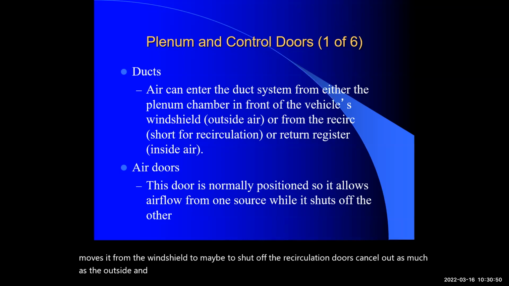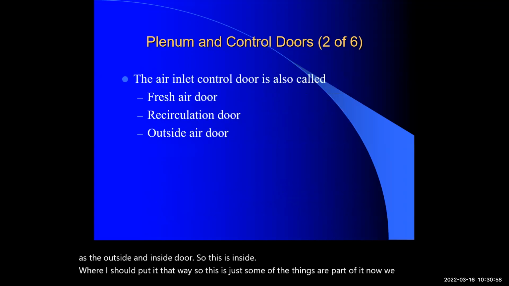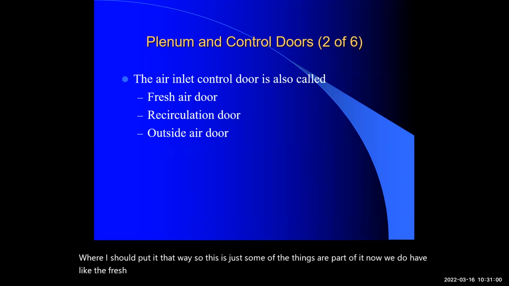So this is the inside air, I should put it that way. These are some of the things that are part of it. Now we have the fresh air door, the recirculation doors, and the outside air door also. This is just parts of what's in the plenum.